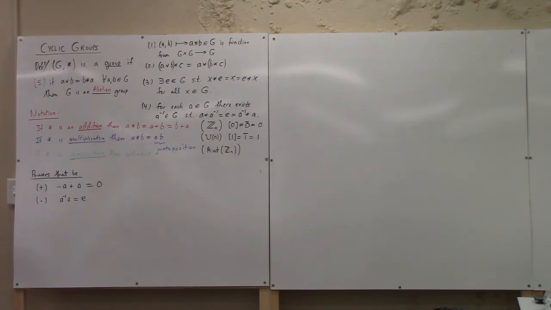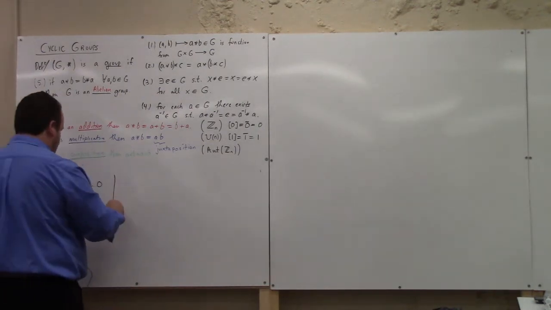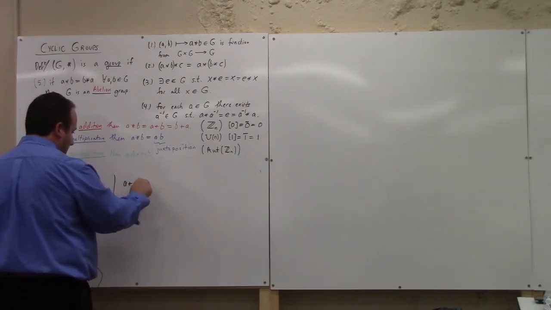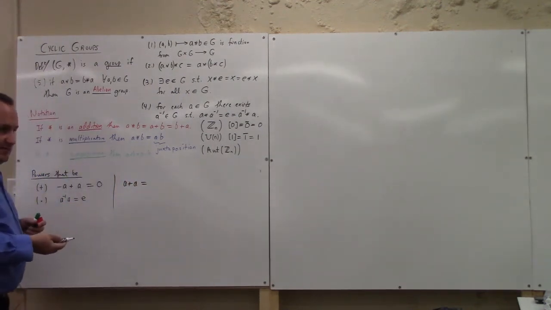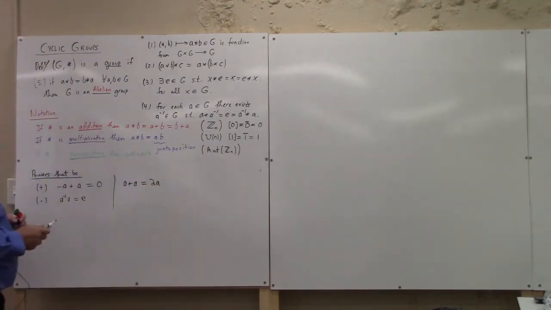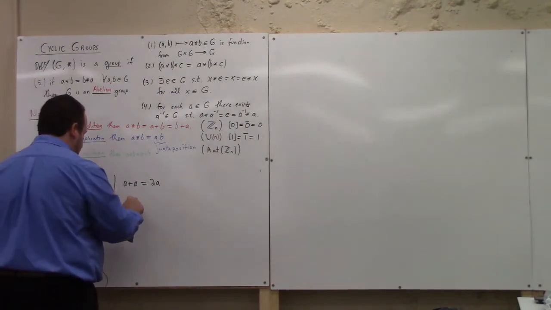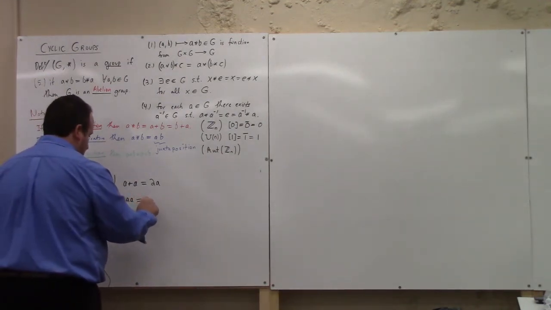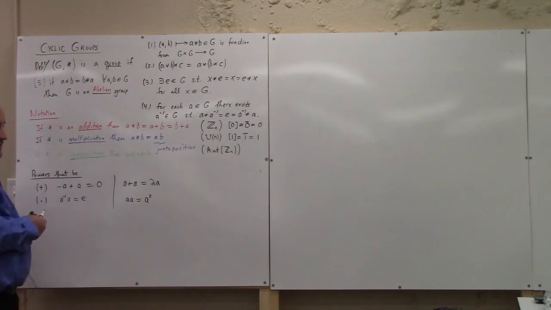Now, how about repeated addition? A plus A, what's that equal to? A plus A is equal to 2A. That's a definition. On the other hand, A times A is equal to A squared. That's also a definition.